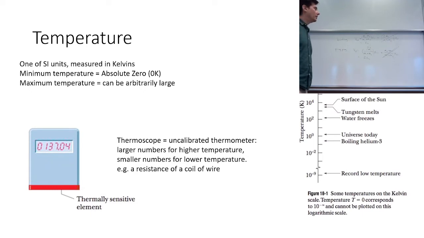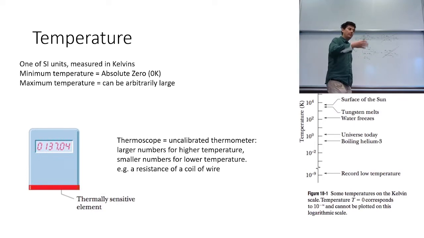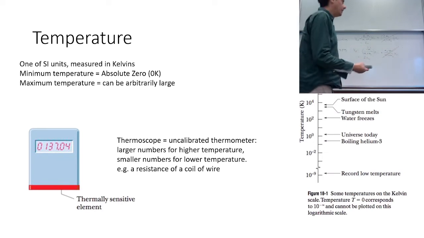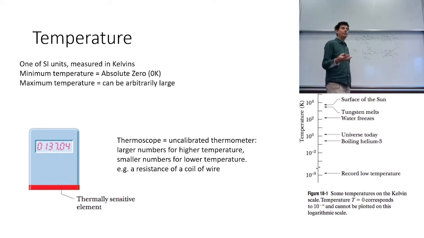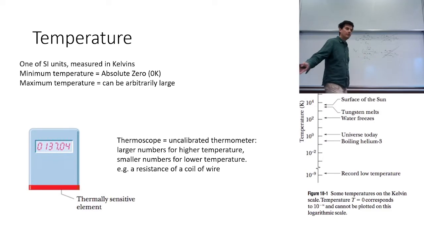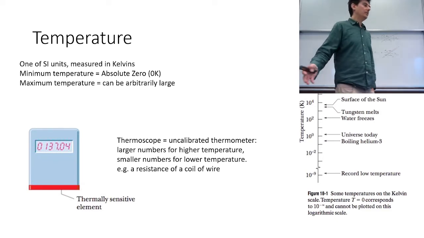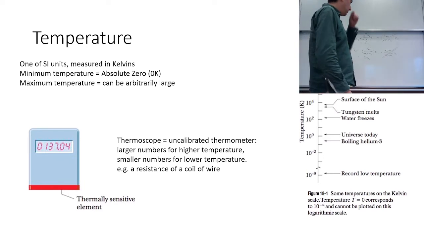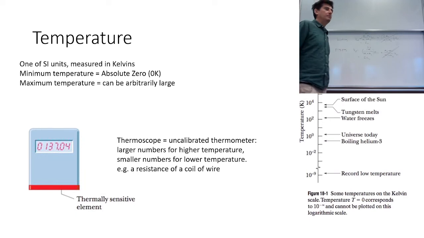Eventually, because this is related to the motion or the energy of the underlying atoms, temperature really is a measure of how much kinetic energy the atoms possess. So of course, if the atoms stop, there's no lower temperature that you can go. On the other hand, there is no real maximum temperature.